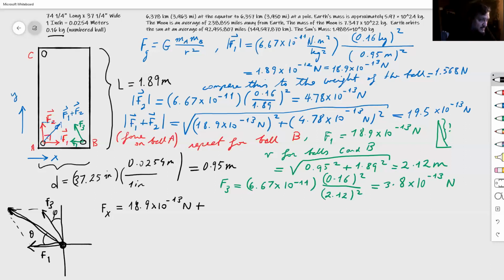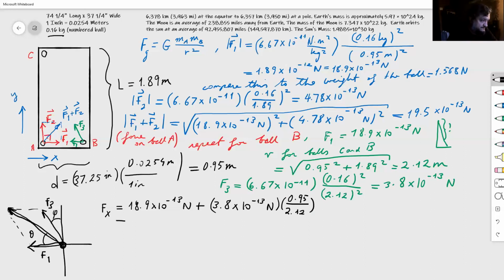So 3.8 times 10 to the negative 13 newtons times sine phi, which will be 0.95 divided by the hypotenuse, 2.12.